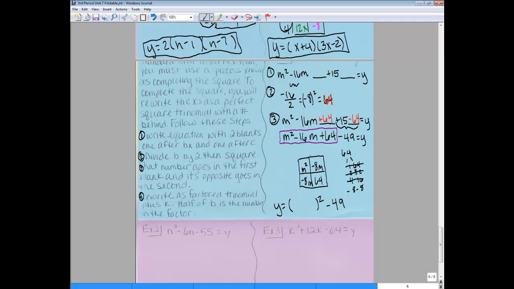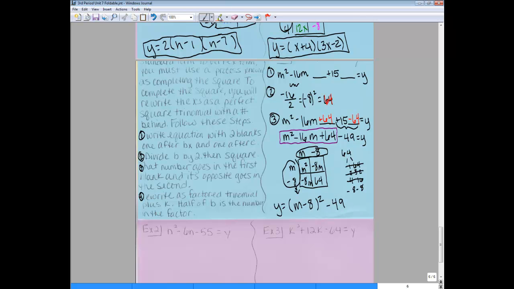My factors of m squared are m and m. What times m gives me negative 8? So as you can see, this one and this one are the exact same, which is what I said before. Since they're both the exact same, we're going to put only one here, and we squared it.